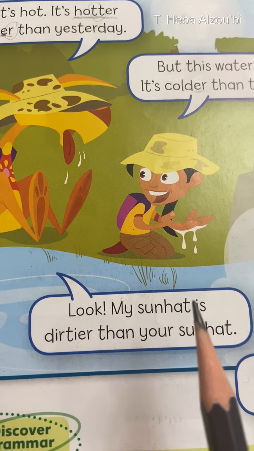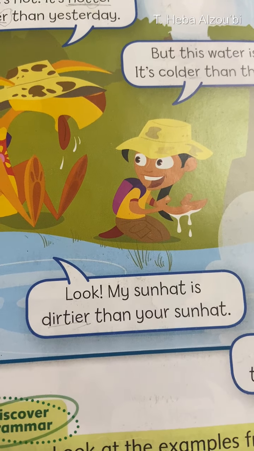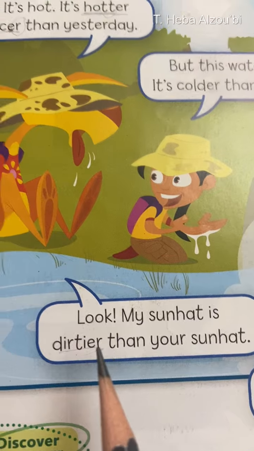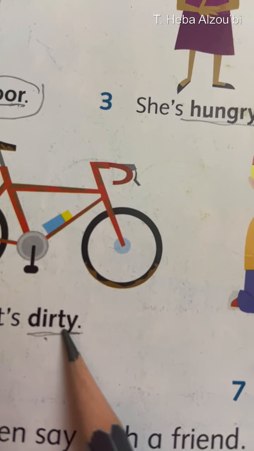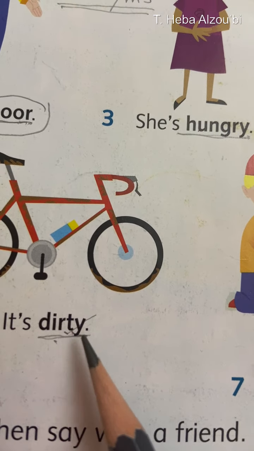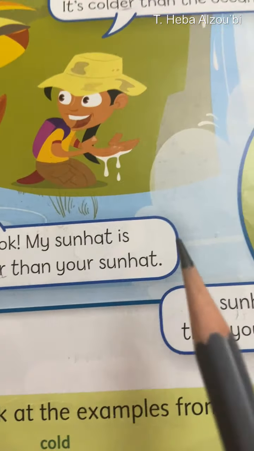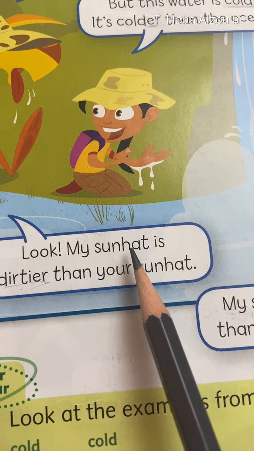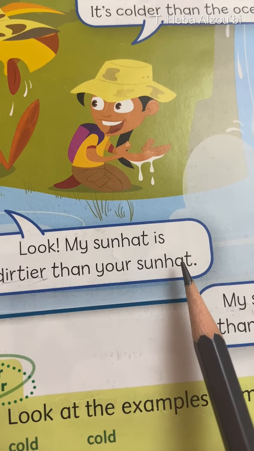Look, my sun hat is dirtier than your sun hat. So the adjective dirty ends with the letter Y. When we change it into the comparative form, we replace the Y with IER, so it becomes dirtier than your sun hat.